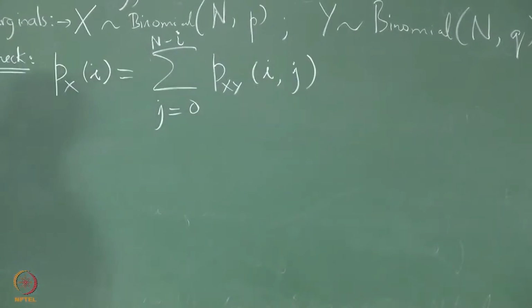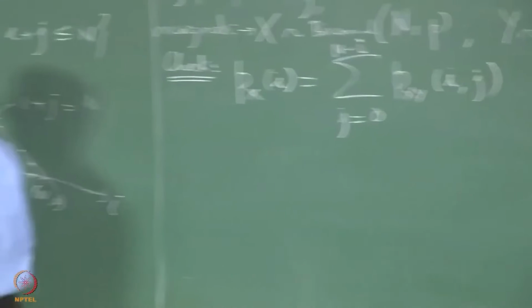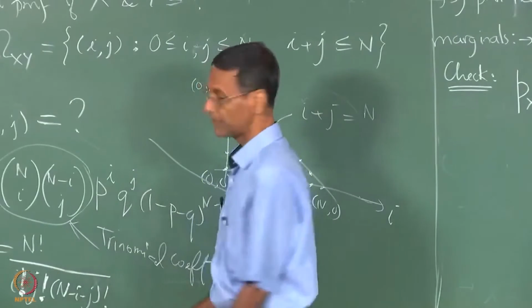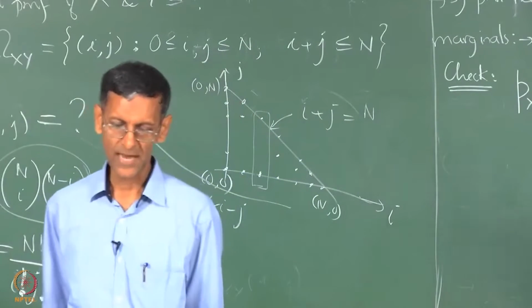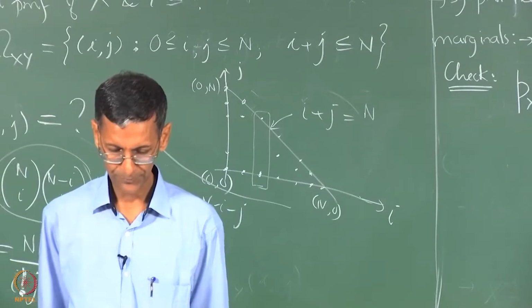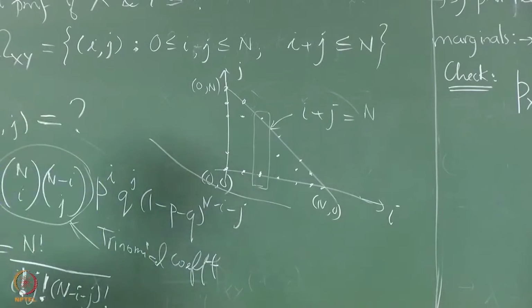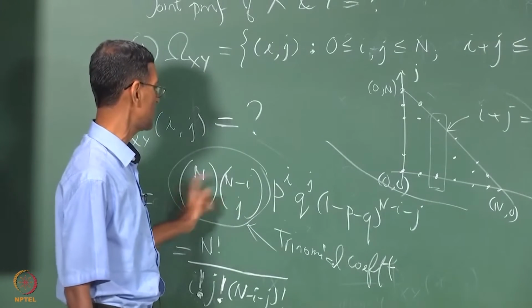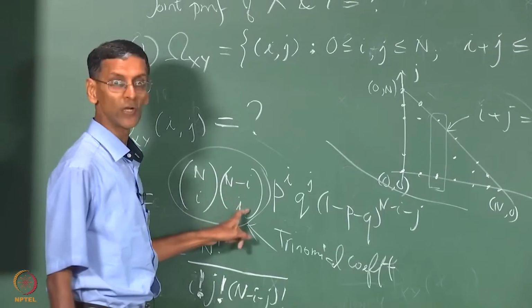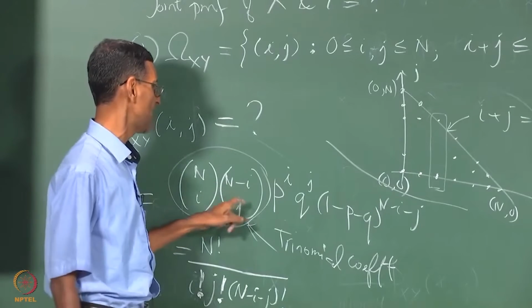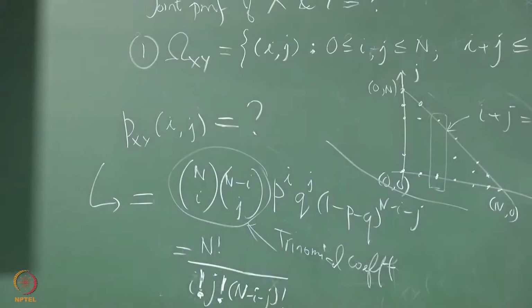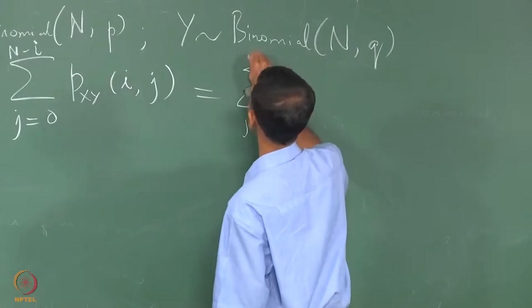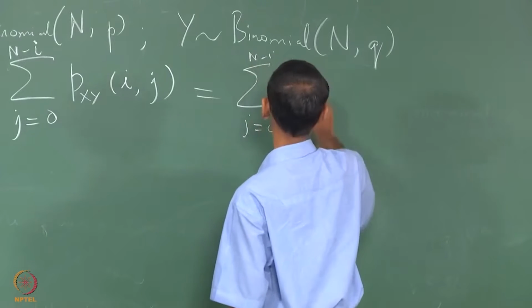Note that this summation is only over j, which means that the i-th power can be pulled out. This n choose i also can be pulled out. You can start from this version with two different combinatorial terms, pull out the n choose i and leave the n minus i choose j. Let me just do this.